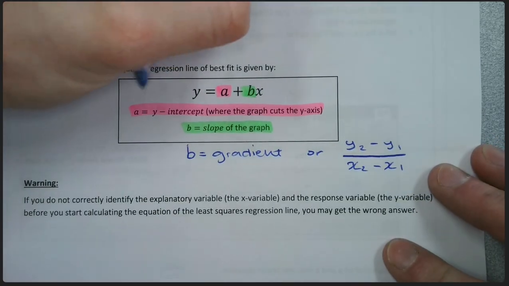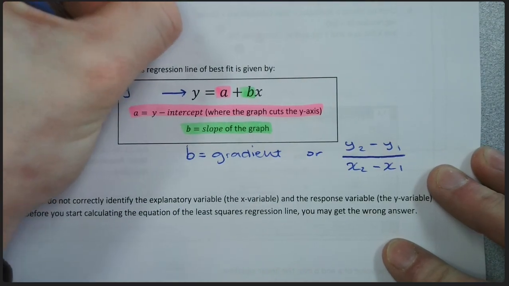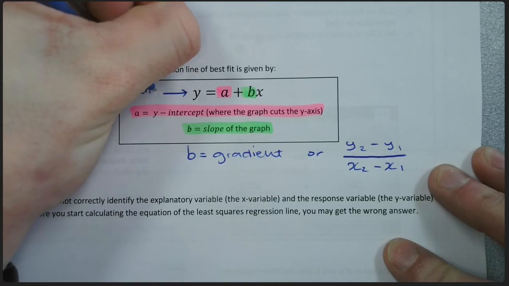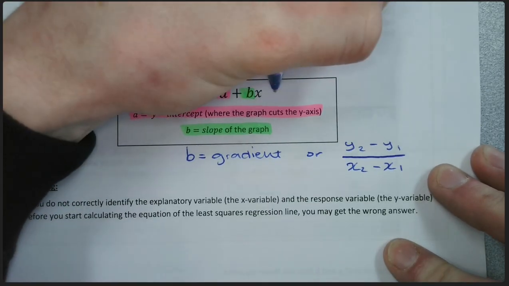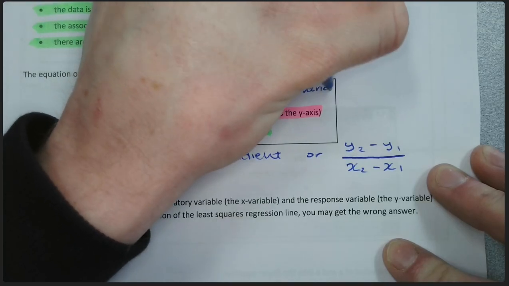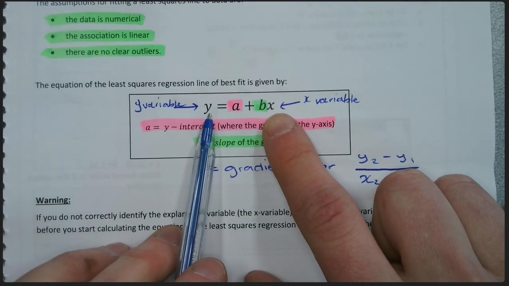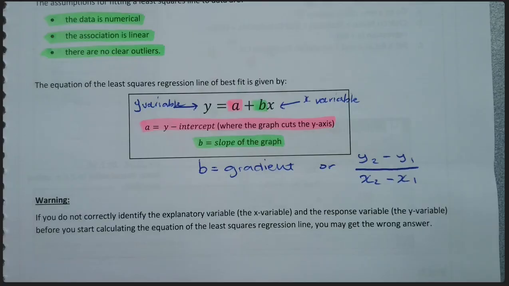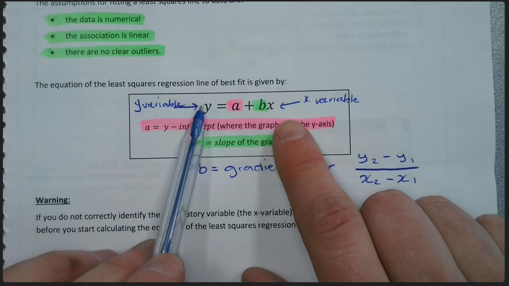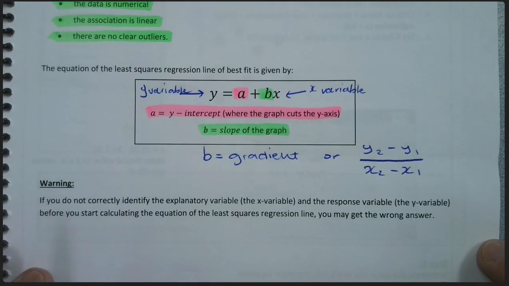If you wanted to draw attention to the y and x, this would also be labeled as the y variable, and this would be our x variable. In other words, if it was for that previous question where it was age and height, we would have our age and we'd have our height, and we'd be applying those different values to that.